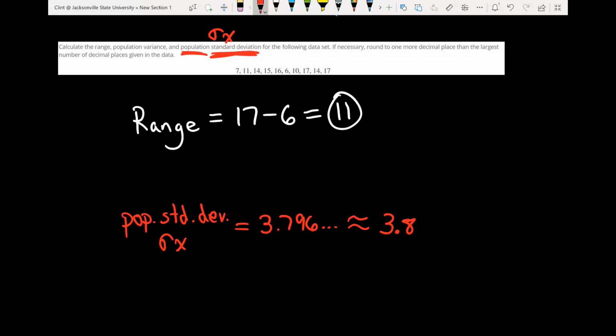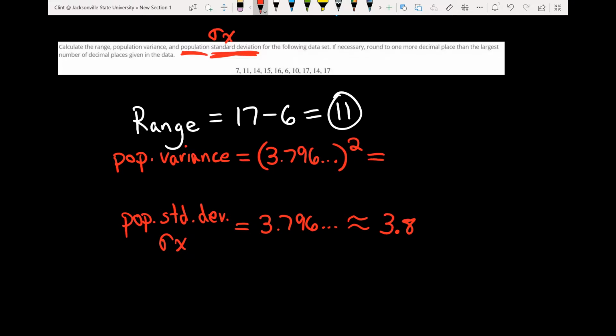Okay. And then the next thing we want is population variance. Okay. And most of your calculators are not going to give this one to you. So what you have to do is take the number from the last time before you rounded, just take 4 or 5 digits, and square that to get the variance.